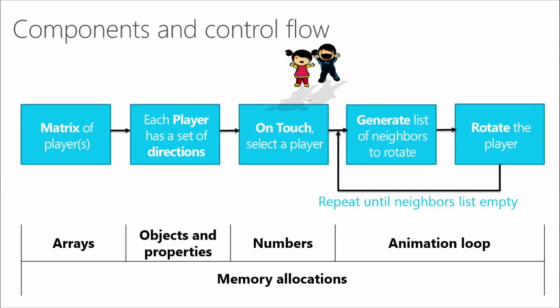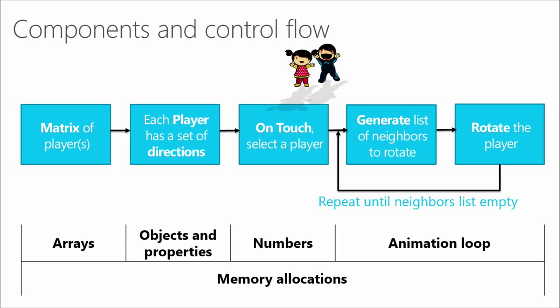Now, obviously, this is a casual game. It's one page. It's relatively simple. But there's a lot of things we actually used here. We used arrays intensively, right? Think about all the lists of players. We use objects with properties, at least the 4 directions. We use numbers a lot because we really have to use math to calculate all the directions and the rest of the detail.